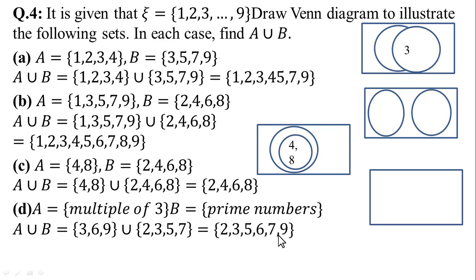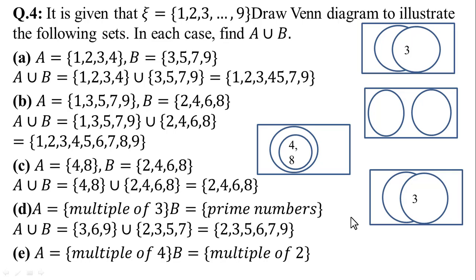Draw the Venn diagram. First of all, the universal set, and the first set and second set have only the element 3 in common, the remaining are not common. Now in part E, A is the multiples of 4 and set B is the multiples of 2.